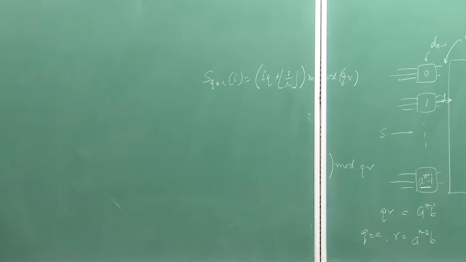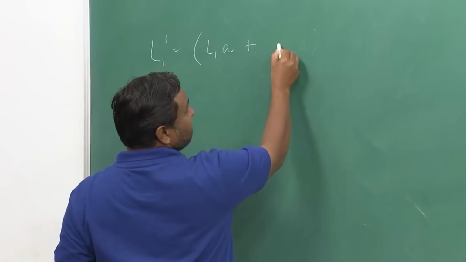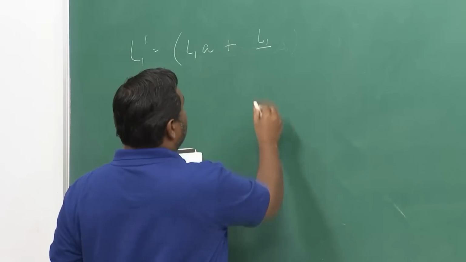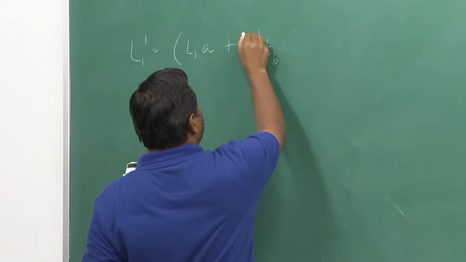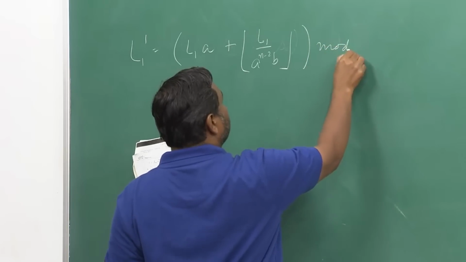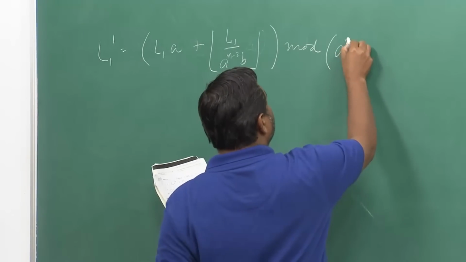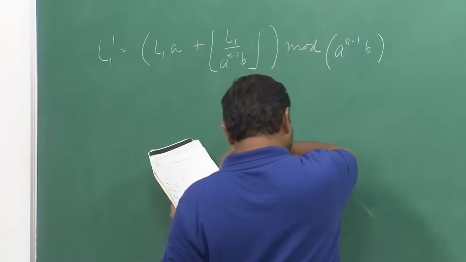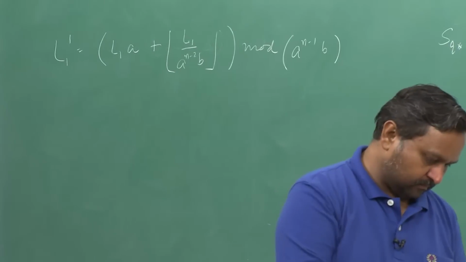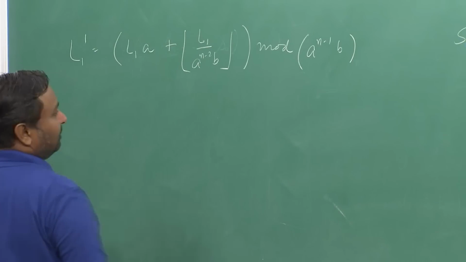So, it will become L1 A shuffle, and I is L1 plus floor of L1 by A raised power n minus 2 B, mod total number of lines, which is A raised power n minus 1 B. So, this is what will be the L1 prime.